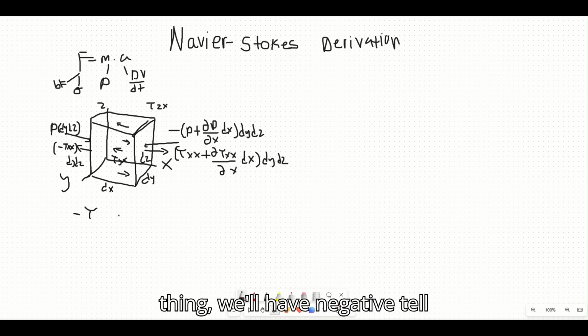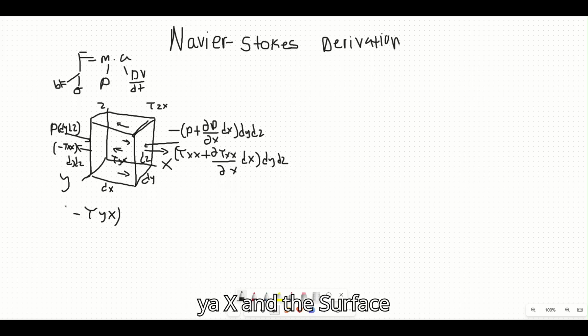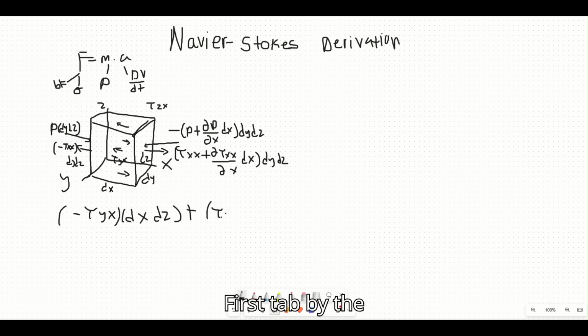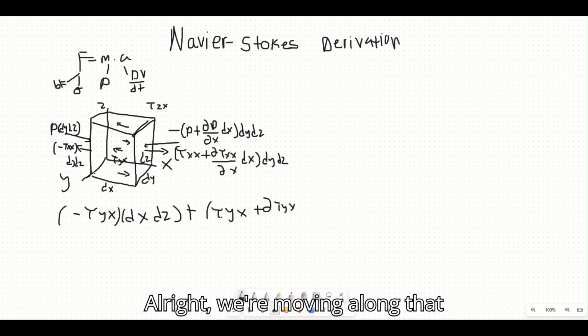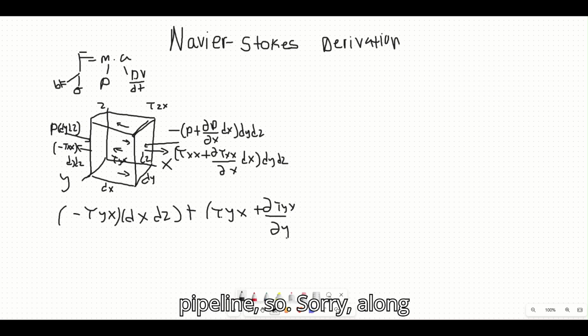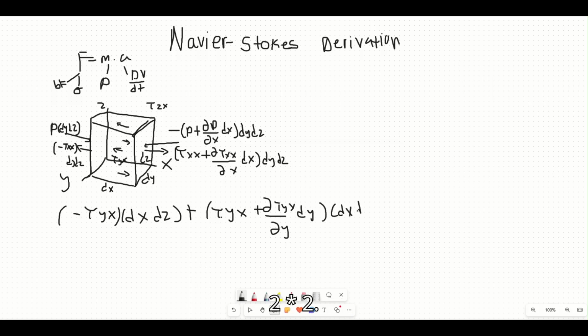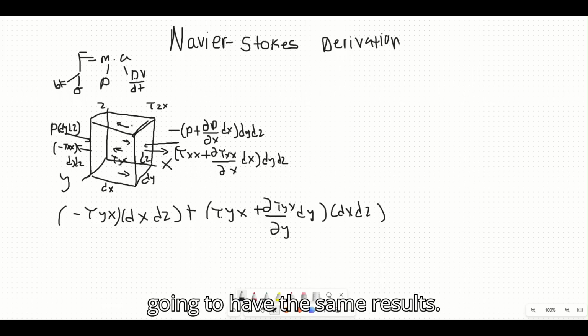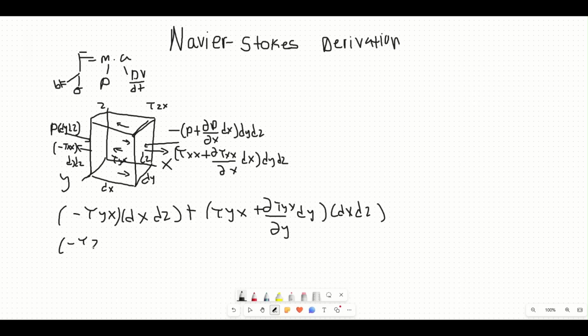So for tau yx, essentially we're doing the same thing. We'll have negative tau yx, and the surface it acts on is dx dz, plus tau yx plus partial tau yx over partial y, and we're moving along the y-axis, dy, times dx dz. Okay, and now we're also going to have the tau zx, which is going to be negative tau zx, acting on dy dx.